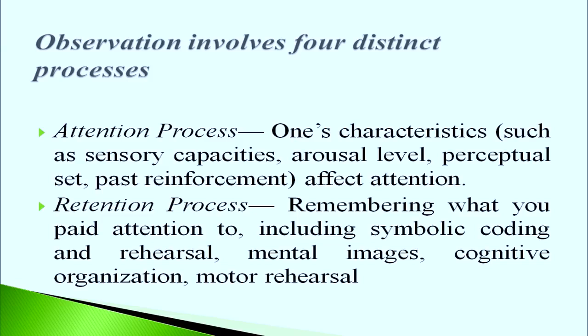Then the retention process, remembering what you paid attention to, including symbolic coding and rehearsal, mental images, cognitive organization, motor rehearsal. We have to retain the material which we have attended to before.